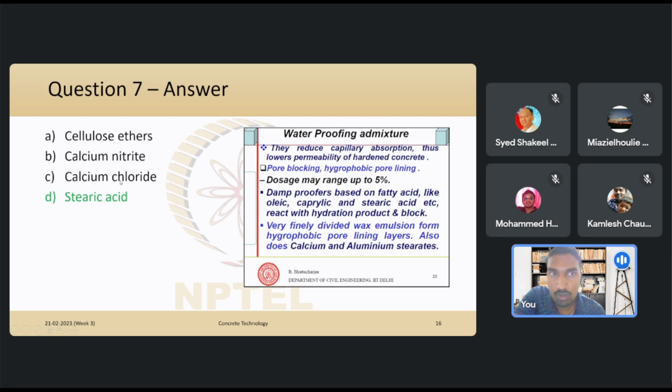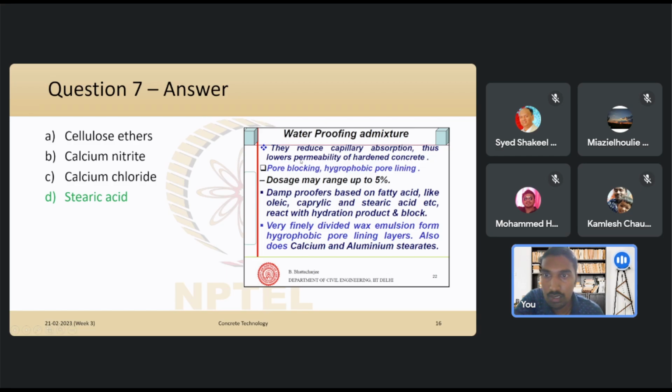So we are talking about waterproofing admixtures. For this we use damp proofers based on different fatty acids like oleic, caprylic, and stearic acids. These types of fatty acids help us in waterproofing. What do we mean by that? We reduce how much water is going to be absorbed by the cement.